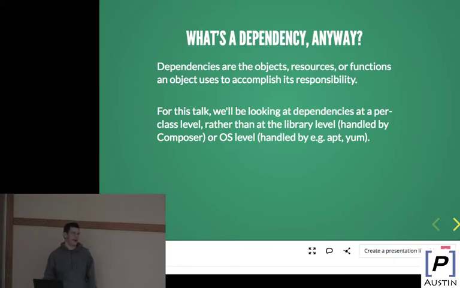Say, okay, I need X, Y, and Z classes or objects to get my job done. Working with operating system level packages and that sort of thing, yes, that's a whole other dependency management ball of wax. Some of these principles still do apply, but we're talking at the software and at the class level.